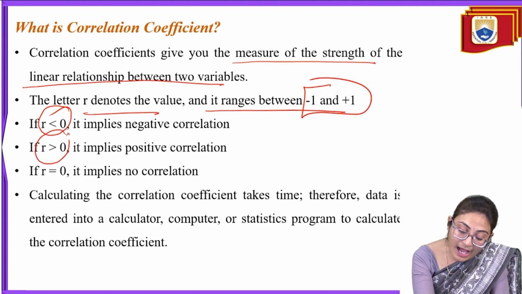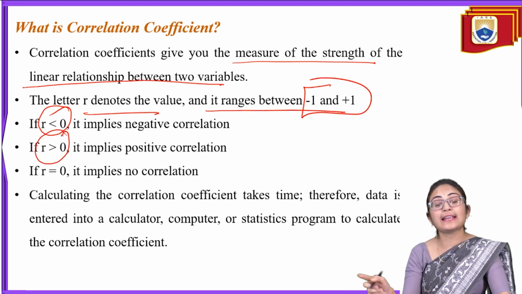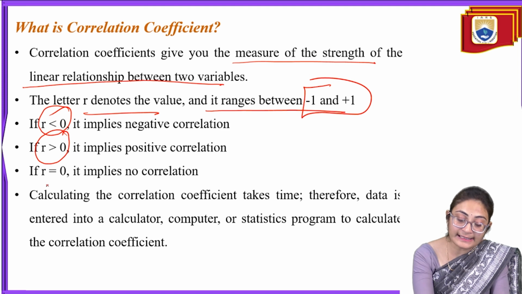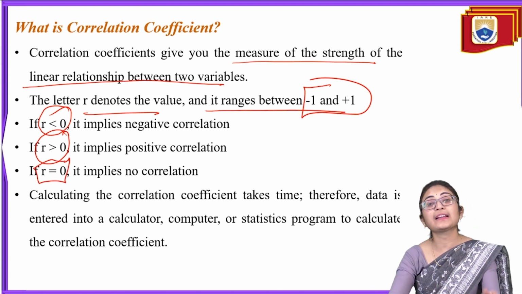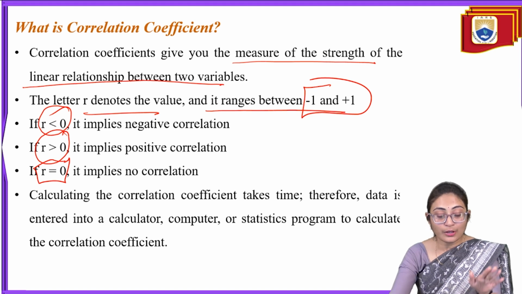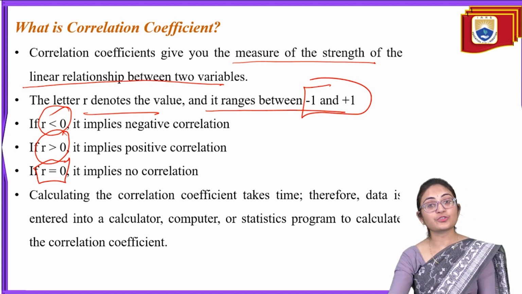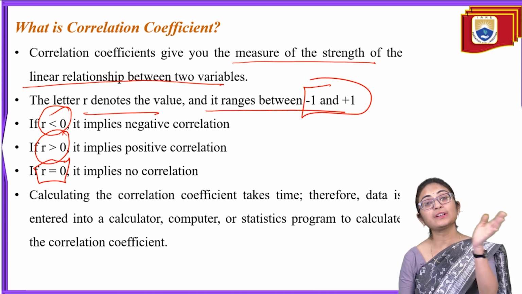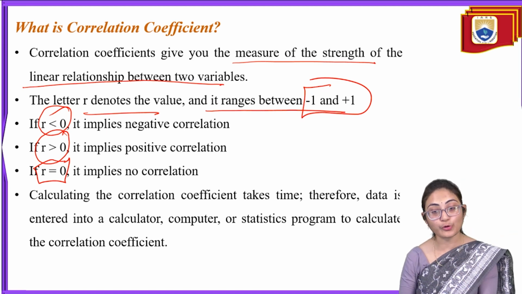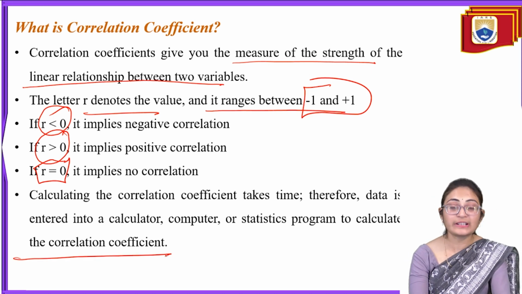If R is greater than 0, it implies positive correlation. And if R is equal to 0, it implies no correlation. Calculating the correlation coefficient will take time. Therefore, data is entered into a calculator or computer statistics program for calculating the correlation coefficient.